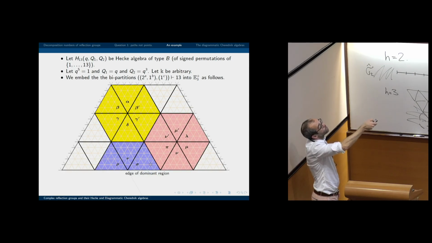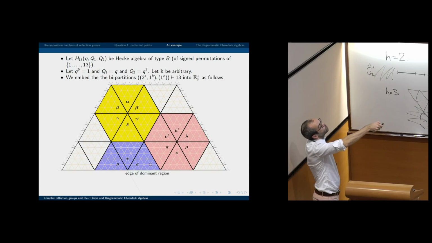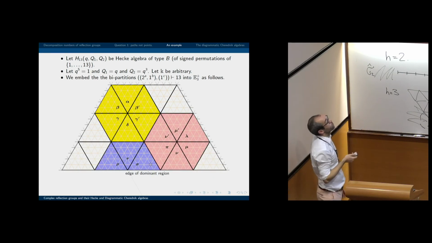Locally, this behaves like a Steinberg vertex, so I get compositions of homomorphisms going around it nicely. Here is another Steinberg vertex, so I get nice homomorphisms around here. And here, this looks like the edge of the dominant alcove for SL3. So not Steinberg, but something else that we're familiar with.